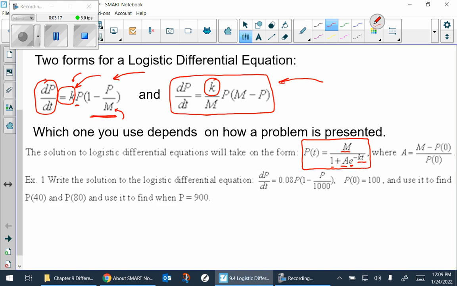You know what e is. What the heck is A? Well, A is found by taking the carrying capacity minus the initial population divided by the initial population.